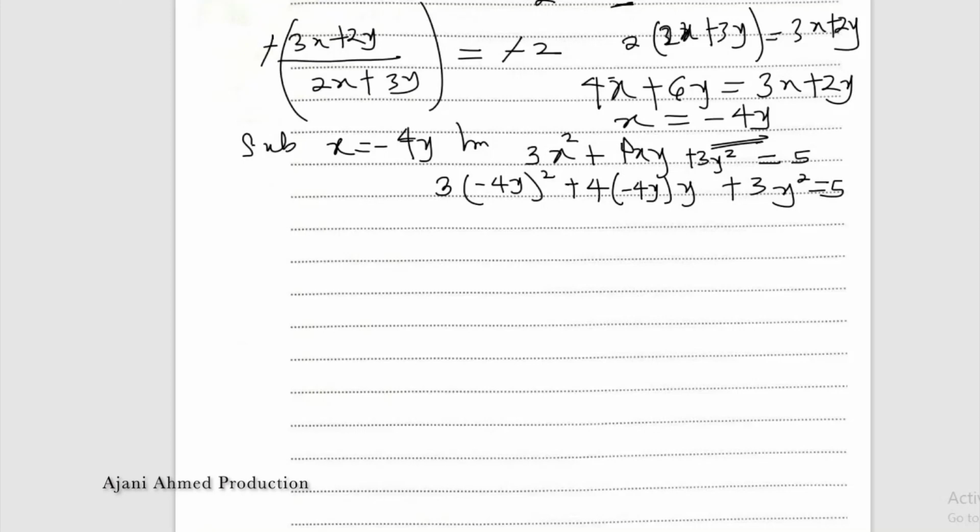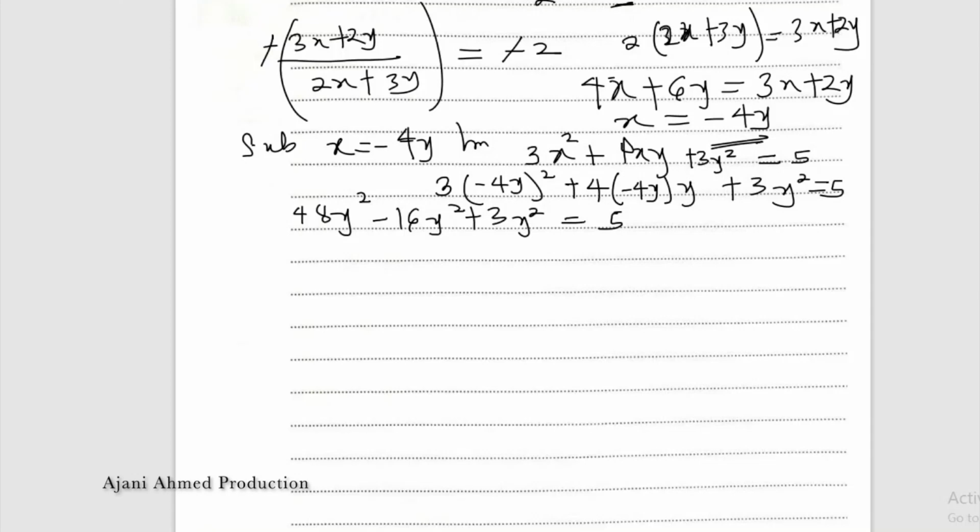So from here I have minus 4y squared is 16y squared multiplied by 3. That will give me 48y squared minus 16y squared plus 3y squared equal to 5.